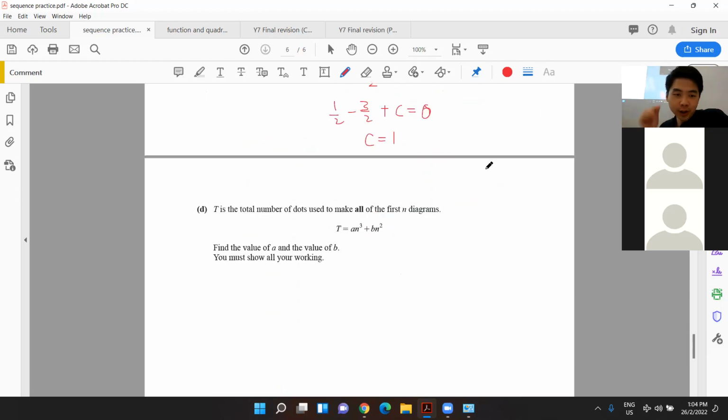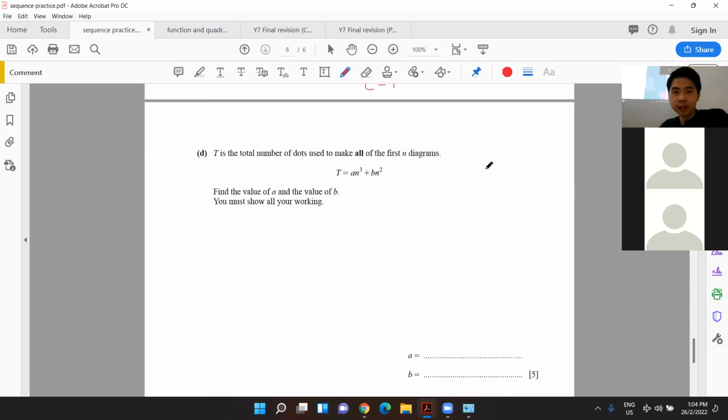Okay, everyone, look at this last question. In these sort of long questions, usually you would have one extra question like this, where T is the total number of dots used to make all the first n diagrams, and they give you the formula T equals an cubed plus bn squared. You're asked to find the values of a and b.